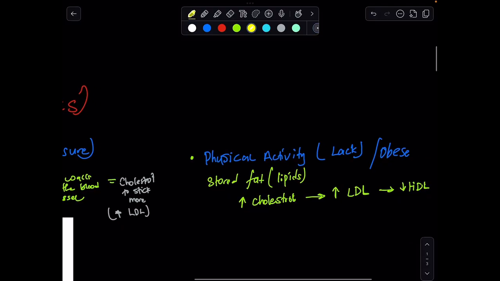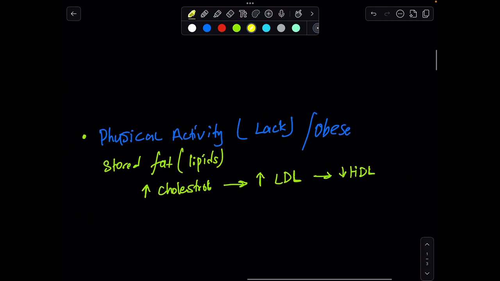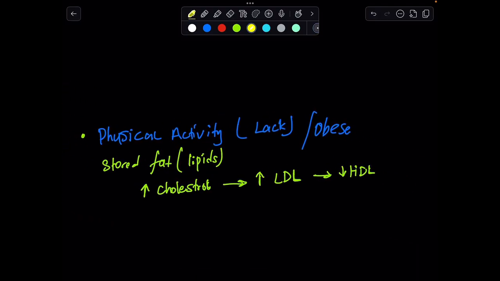Now, physical activity. We said that when you're not physically active or you're obese, you have a lot of fat, lipids. The lipid that we know is cholesterol. What do we know about cholesterol? Cholesterol in the arteries is delivered or moved around by what? Lazy Luffy. And if there's more lazy Luffy and less helpful Luffy, what's going to happen?